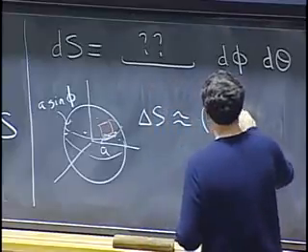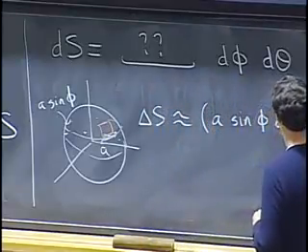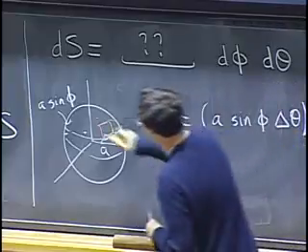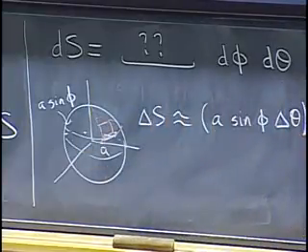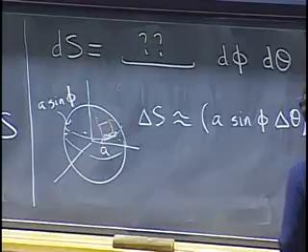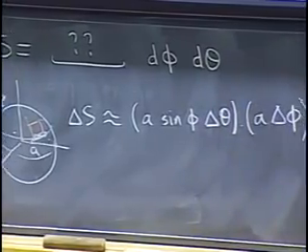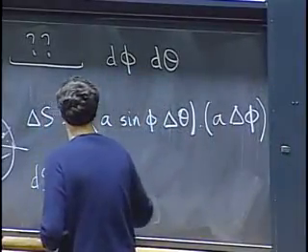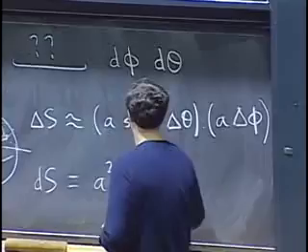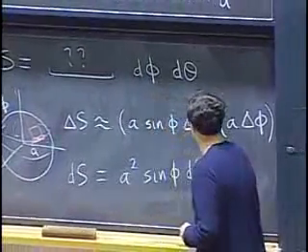So that side is a sine phi delta theta. And the side that goes north-south is a piece of a circle of radius a, corresponding to angle delta phi, so it's a delta phi. And so just to get to the answer, we got ds equals a squared sine phi d phi d theta.